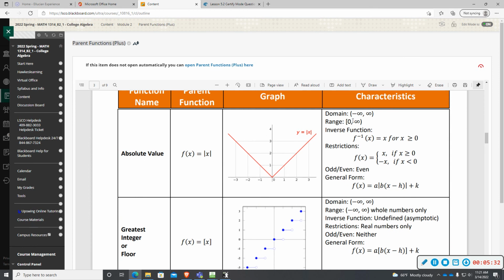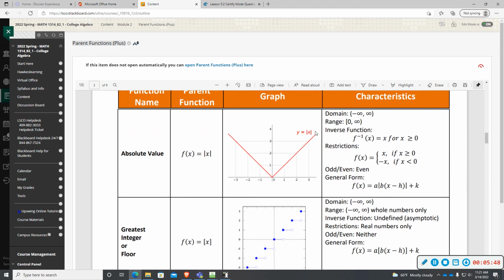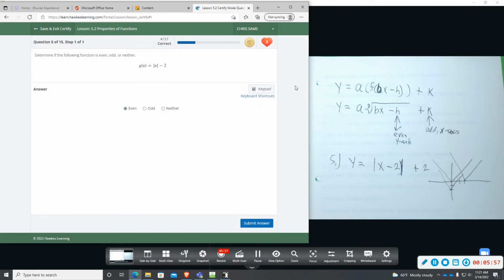It's telling you domain and range, some of the inverse functions, restrictions, odd/even. It tells you that it's even here, and then it shows you that general form. So this is really good at helping you identify what the transformation would be like. And since there's nothing in there with that h, then it will still remain an even function graph.